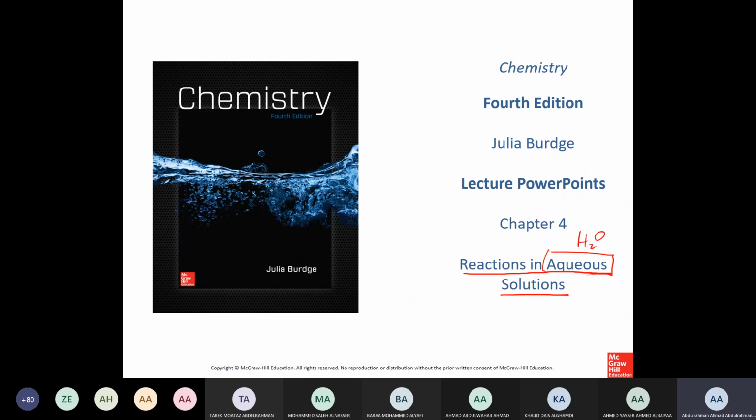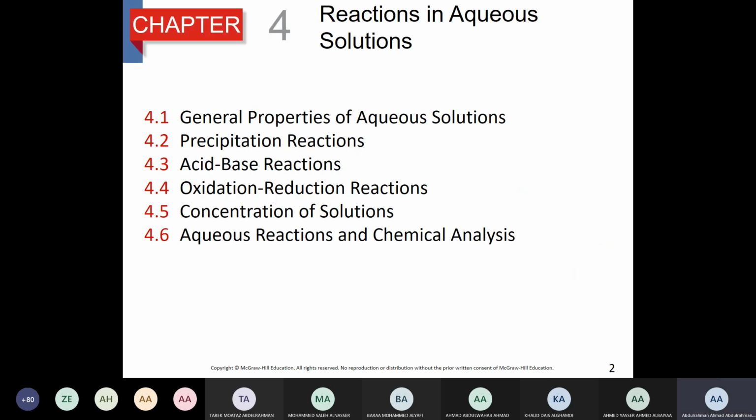Dissolved in water. Aqueous means it is in water, whether it is dissolved or not. But reaction in water solution. I can say reaction in aqueous solution, or I can say reaction in water. Reactions in water. Good? Good.